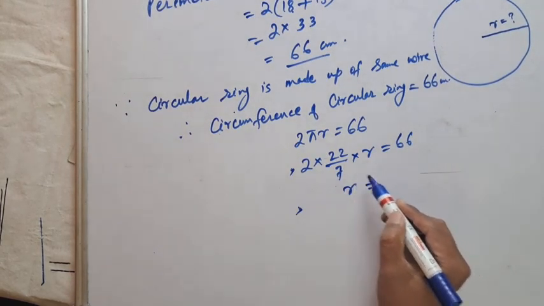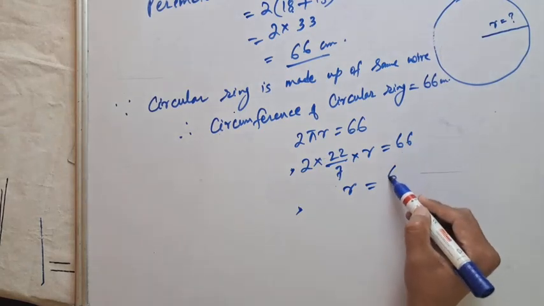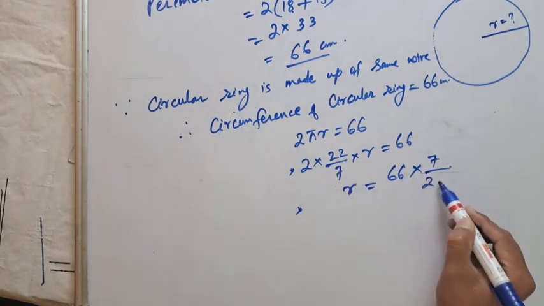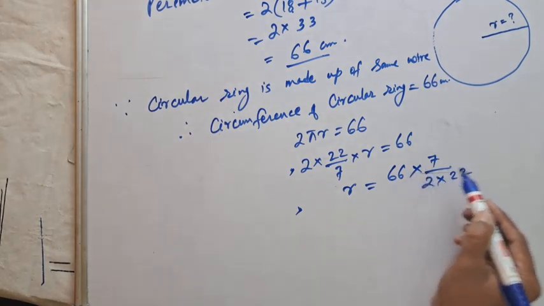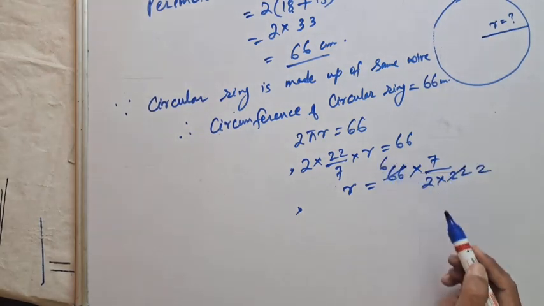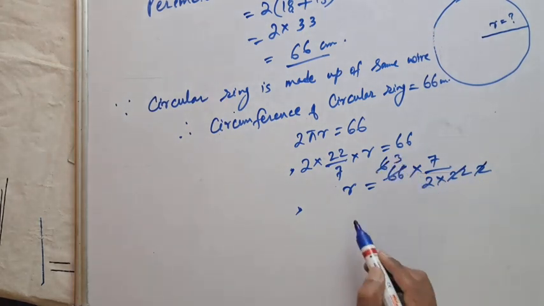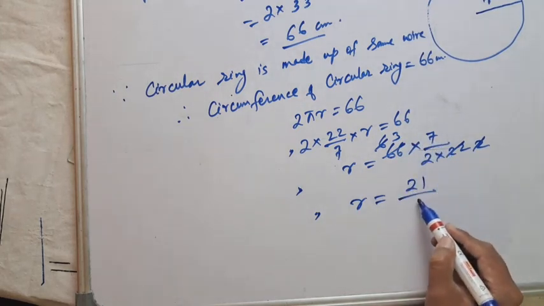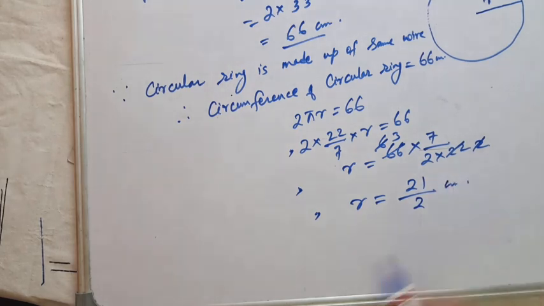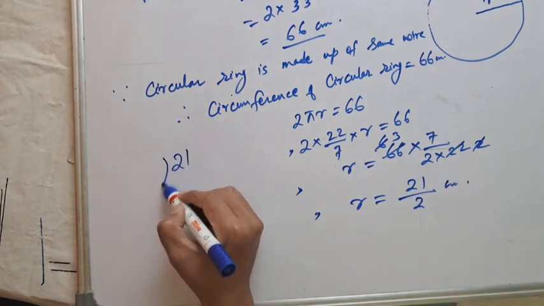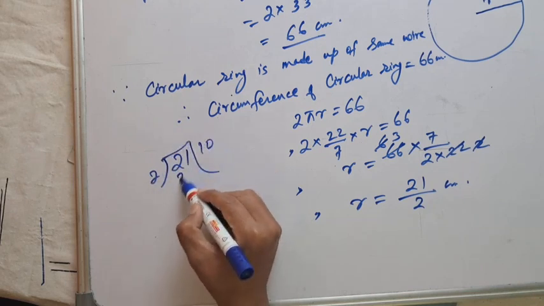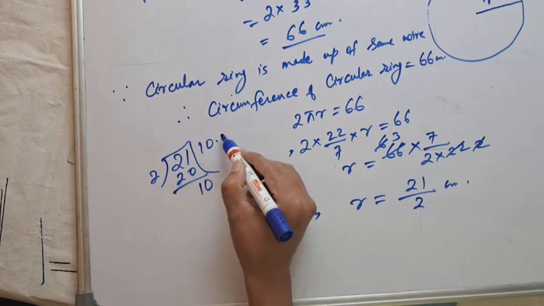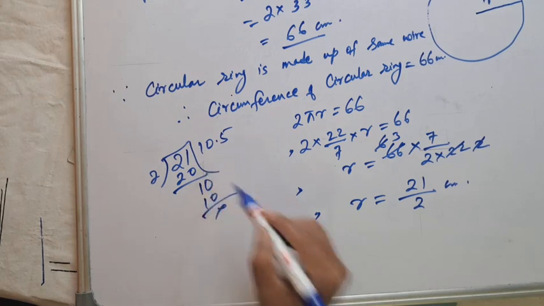We keep r on the left hand side and take the rest of the numbers to the right hand side. 66 into 7 goes to the numerator, divided by 2 into 22 in the denominator. 11 2s are 22, 11 6s are 66, so r equals 3 7s are 21 divided by 2, 21 upon 2 centimeter, isn't it? 21 upon 2 means 10.5 centimeter.